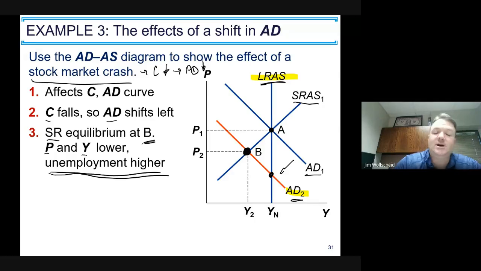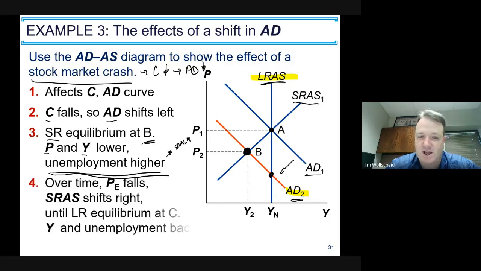Well, as unemployment becomes higher, it becomes easier for businesses to hire workers. Why? Because there's lots of people unemployed. So wages start to decrease. And so the cost to businesses decreases. Remember when I talked about the cost of businesses decreasing, that's one of the things that affects short-run aggregate supply.